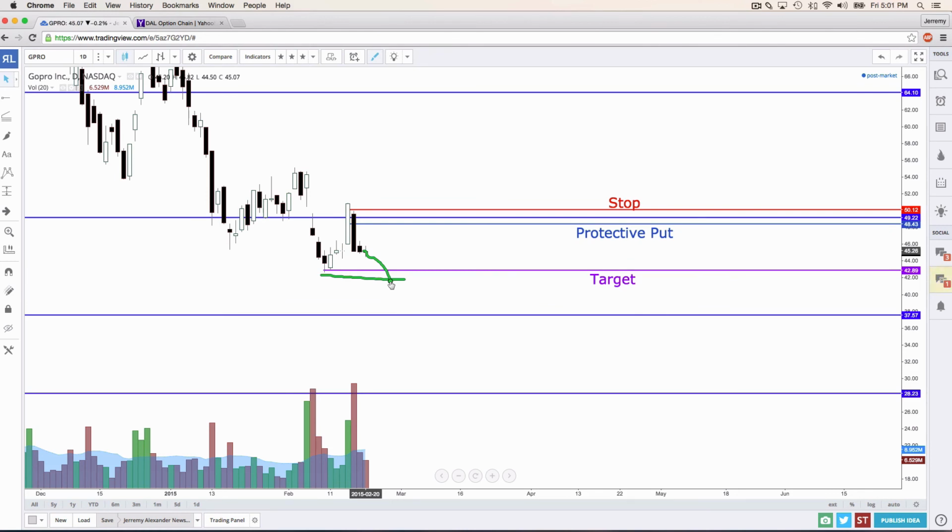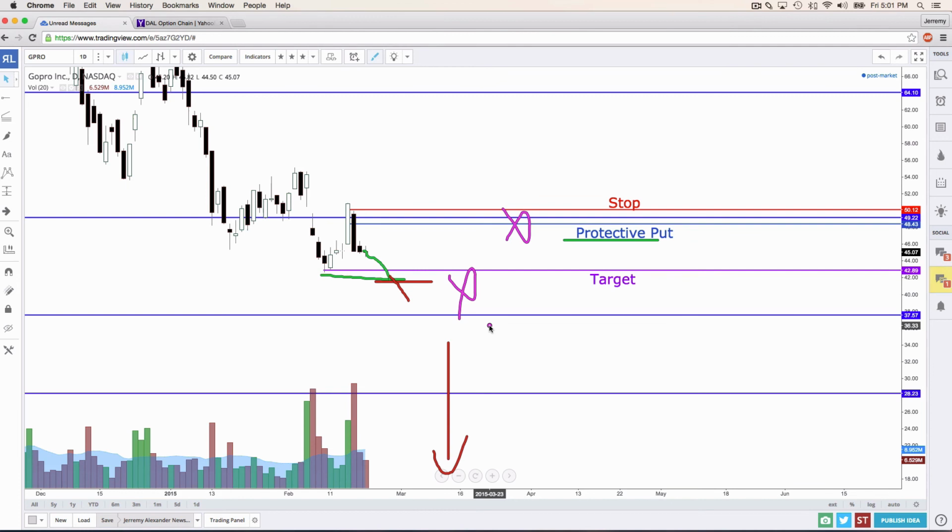And since you have a March week 2 protective put up here and you sold the March week 1 42 put down there, if GoPro is below $42, which is the put that you sold to create a debit spread, at expiration on the first Friday of March, you need to close both positions. Well, not necessarily both. But you at least need to close your 42 put that you sold.